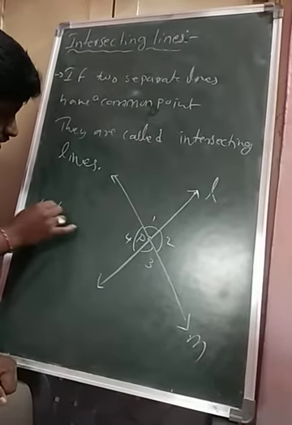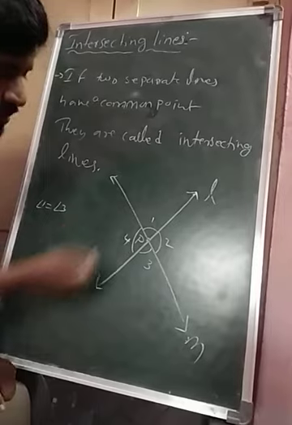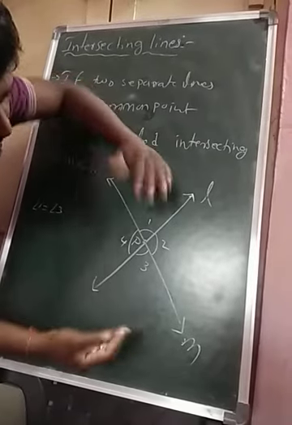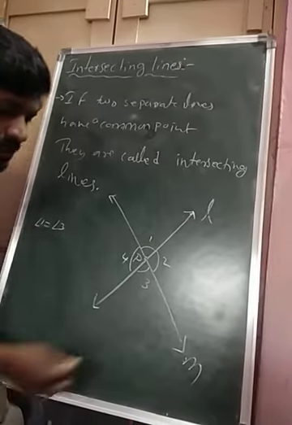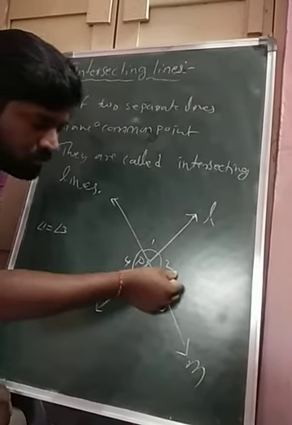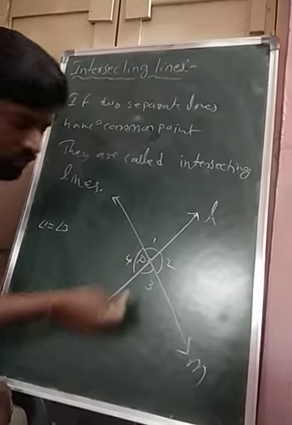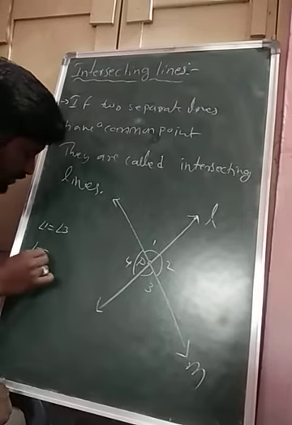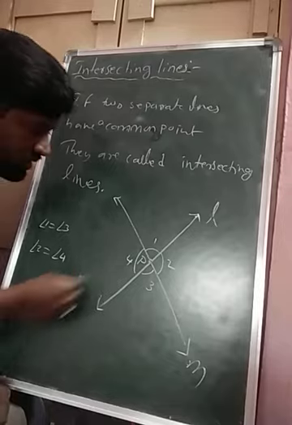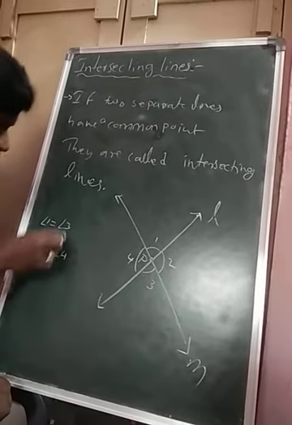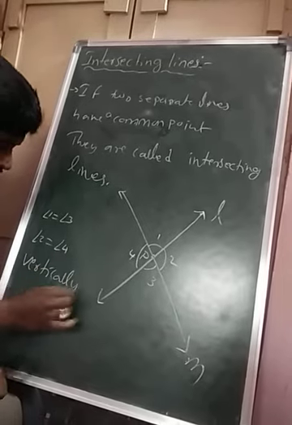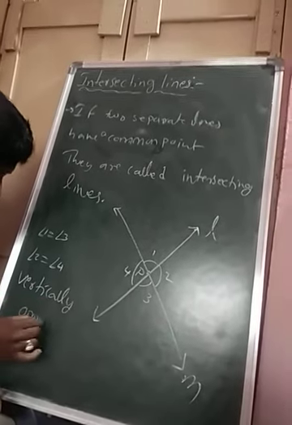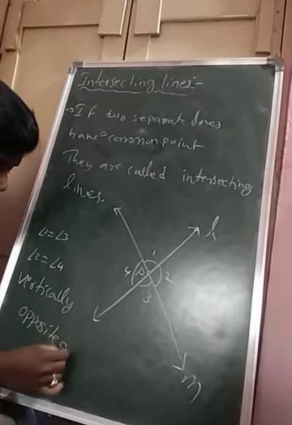Angle 1 is equal to angle 3, and angle 2 is equal to angle 4, because these two angles are vertically opposite angles. Angle 2 is equal to angle 4. These two angles are vertically opposite angles.